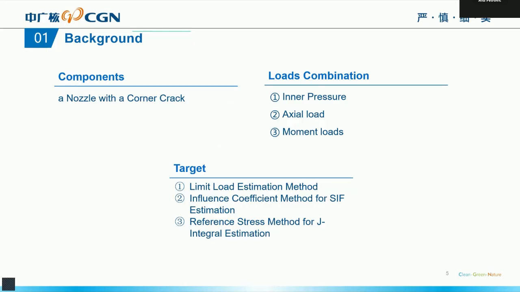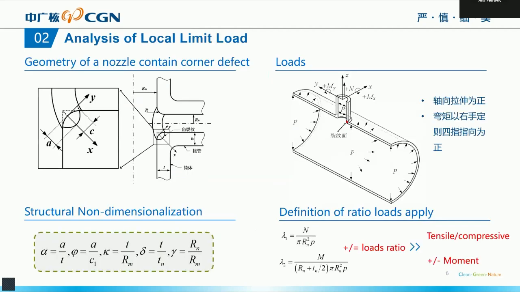The main target of this research is to extend the application scope of engineering estimation to a nozzle with a corner crack.